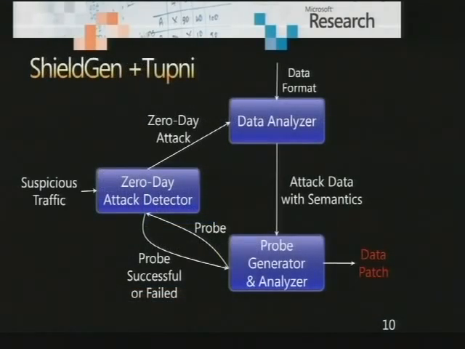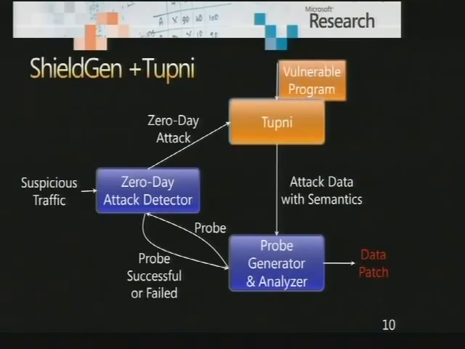Our solution is to combine ShieldGen with a new system called Tupni. Tupni will replace this data analyzer, and we don't require the data format anymore. We just require the vulnerable program, which is always there. Based on the vulnerable program, Tupni can parse the zero-day attack and generate attack data with semantics.